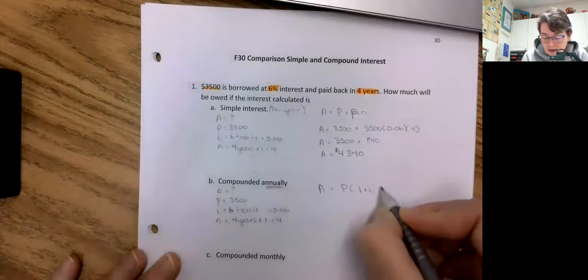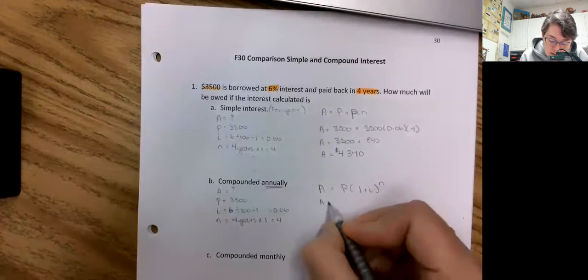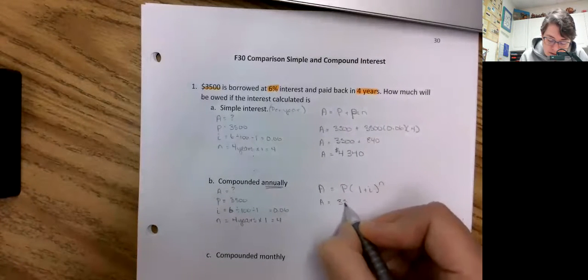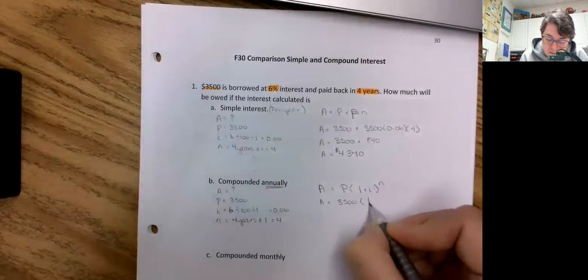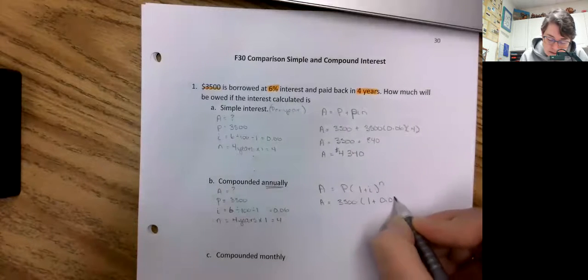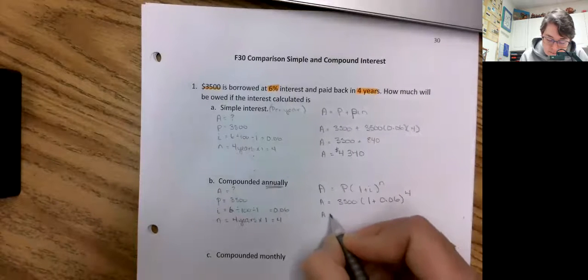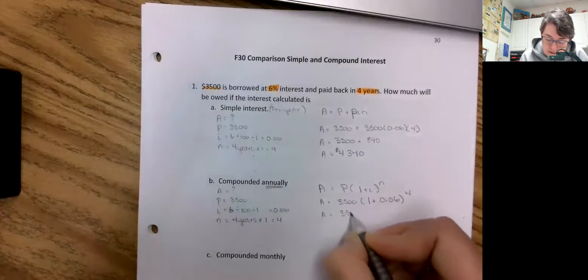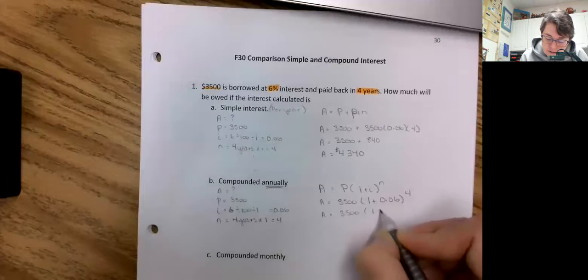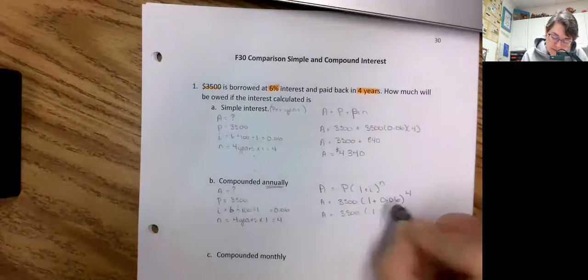1 plus I, to the N. A is equal to my principal, 3,500, times 1 plus 0.06 to the 4. Nope, add an extra 0 there.